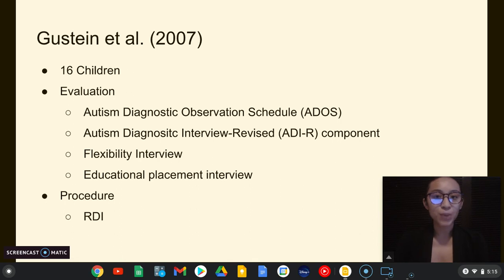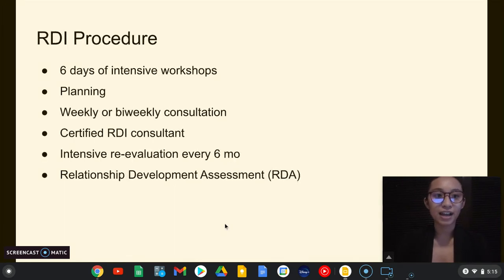Some participants also had prior treatments or exposure to RDI, and they all had different educational placements as well. The evaluations conducted prior to the study were ADOS, ADIR component, a flexibility interview, and an educational placement interview as well.